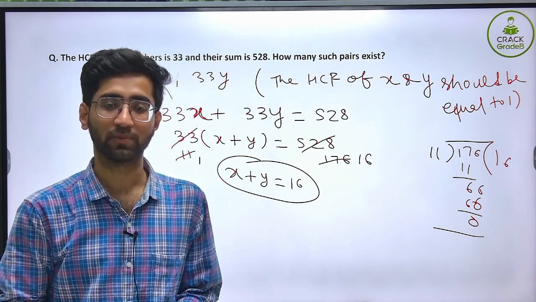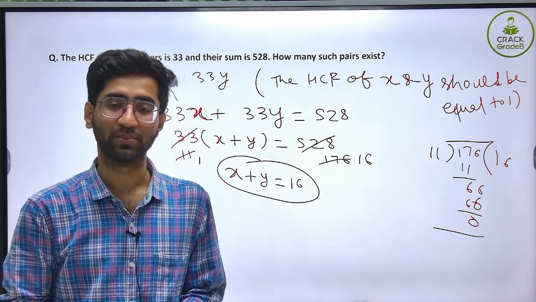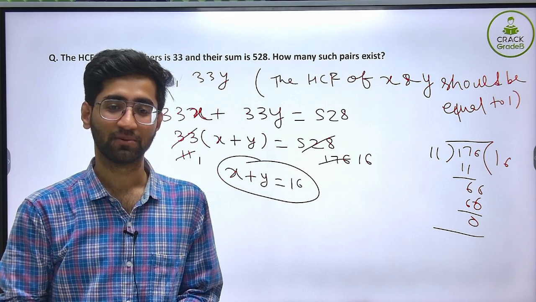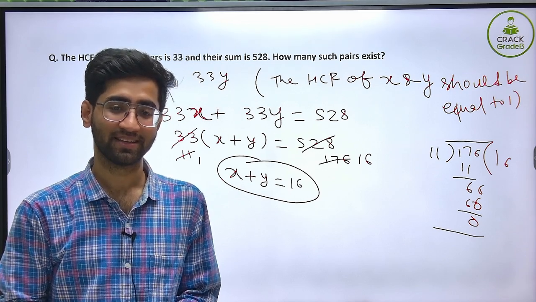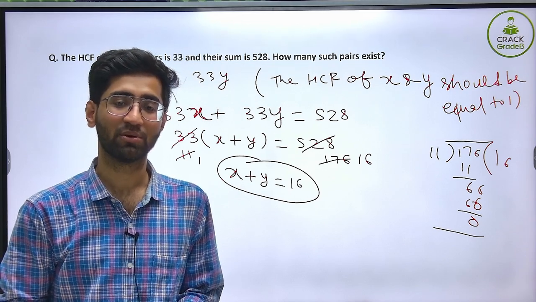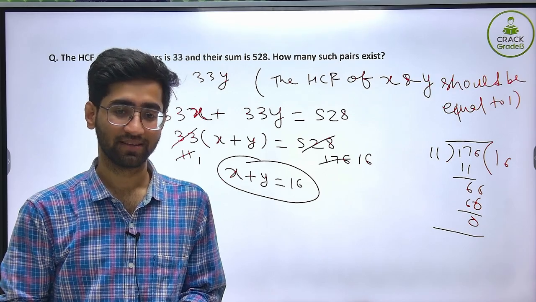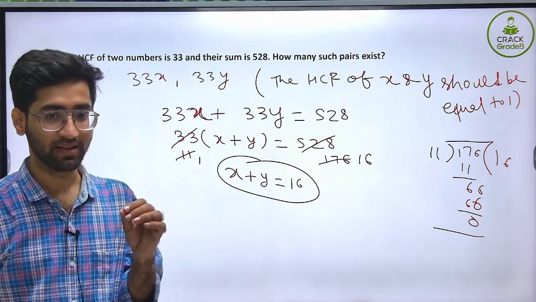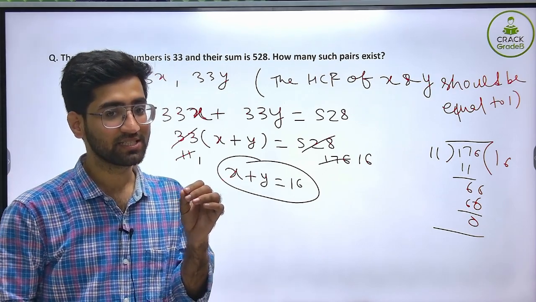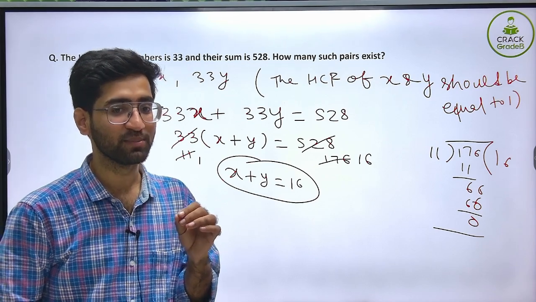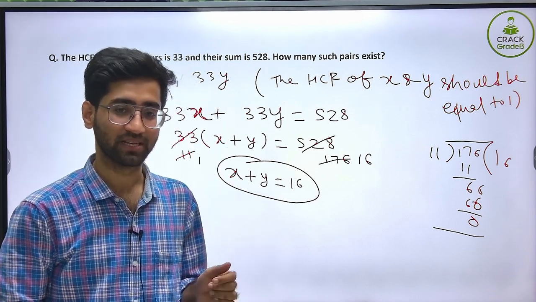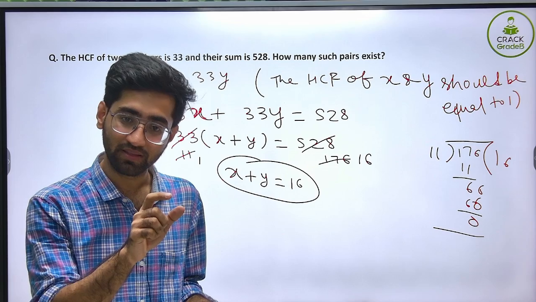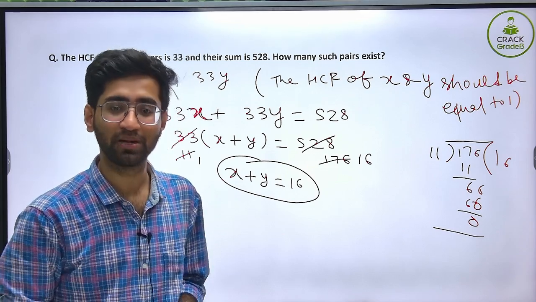And if x plus y equal to 16, now tell me what can be the values of x and y? Try to recall a question that we have solved together. If the first number is 7 and the sum of the digits is 10 in a 3-digit number, try to recall that question. Means the sum of the other 2 digits should be equal to 3.